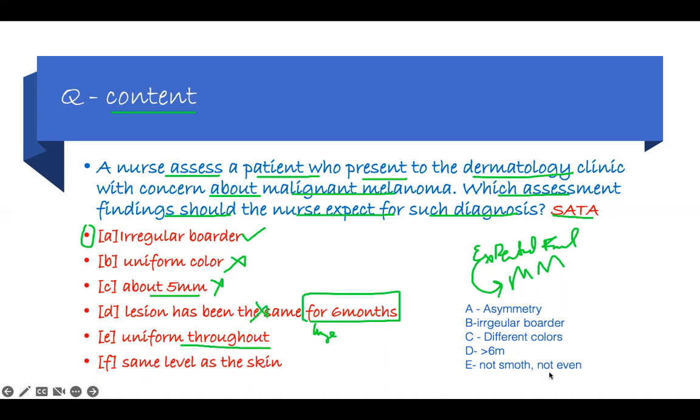It has to be not smooth, not even. If it's uniform, it's the same level at the skin. It has not changed. It's the same size, or you can even say symmetry. It looks the same around when you divide it into two. So this is gone.